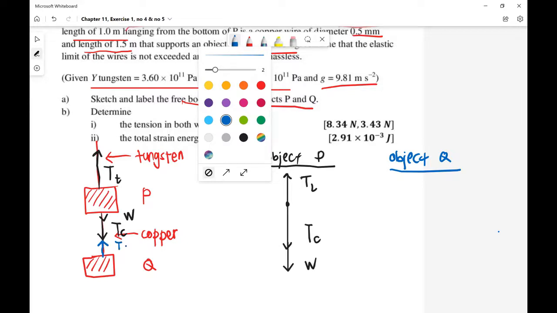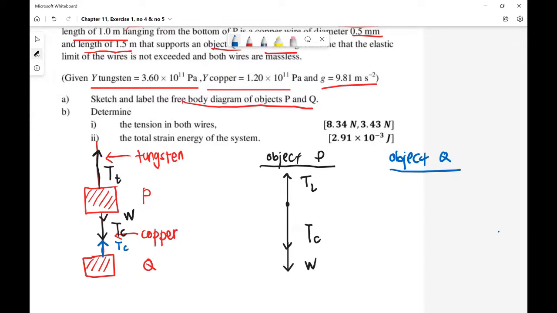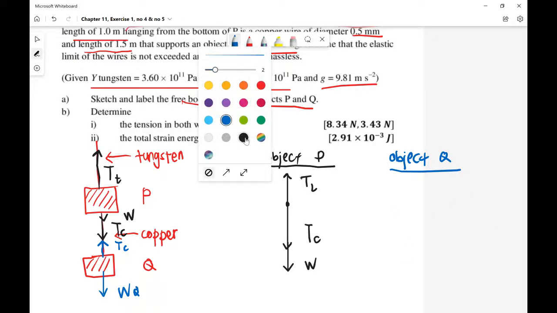So, dia ada tension copper tapi away from objek Q. And then objek Q sendiri juga ada weight. Okay, weight objek Q. So, tadi untuk objek P, lebih baik kita label dia sebagai weight P. Okay. Sebab weight P dengan weight Q tak sama. Okay. Sebab mass tak sama.